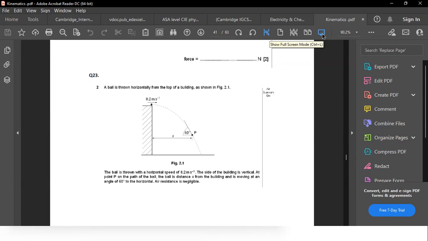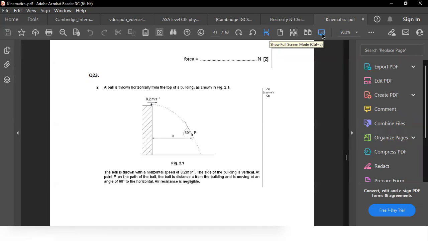So that'll be ut plus half at square, half times 9.81, divided by 2.